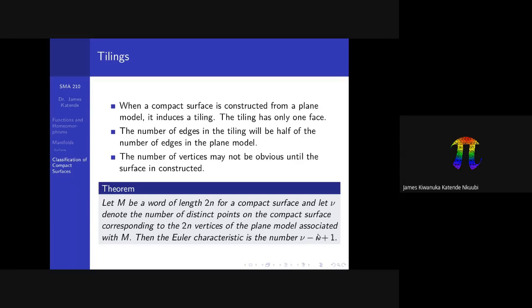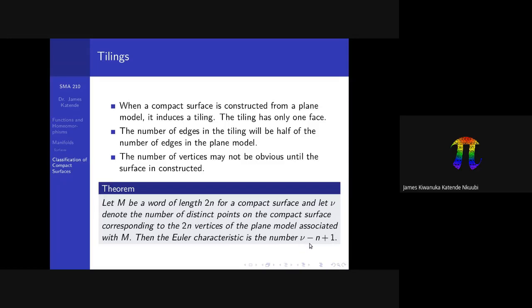The number of edges is quite clear. It's easy to figure out. It's n. And we have also said that the number of faces for this tiling induced by the plane model will be only one face. So if you apply the formula for the Euler characteristic, then the Euler characteristic determined by the tiling induced by this plane model will simply be given by V minus n plus 1.